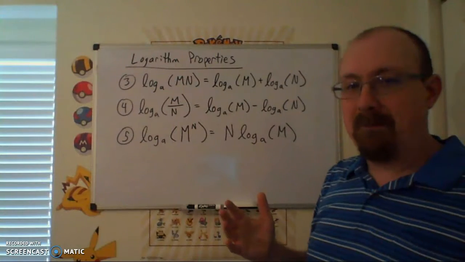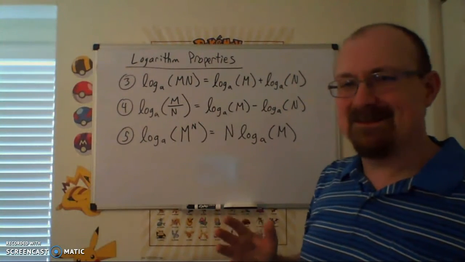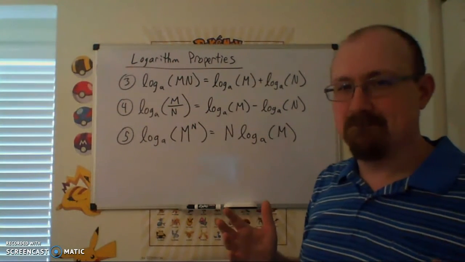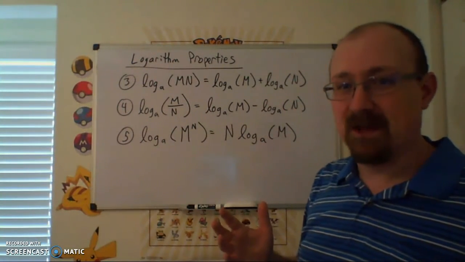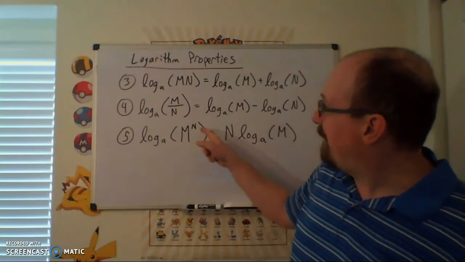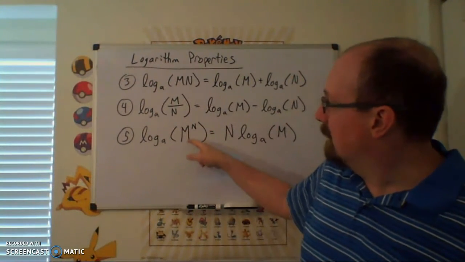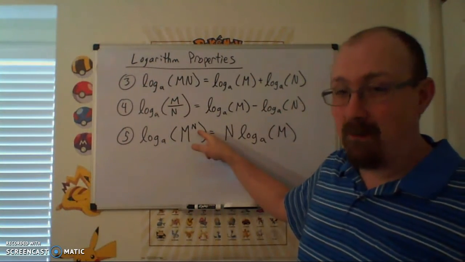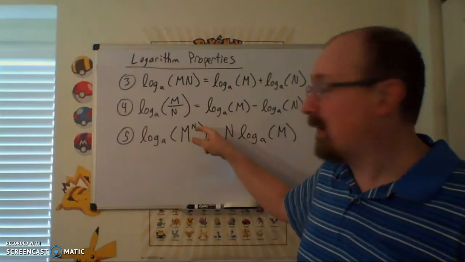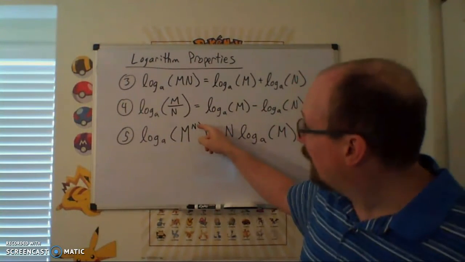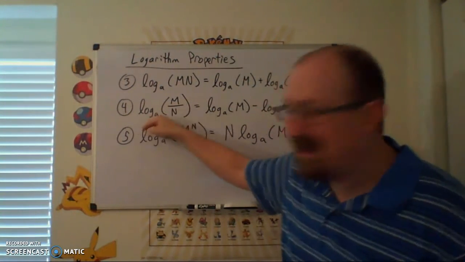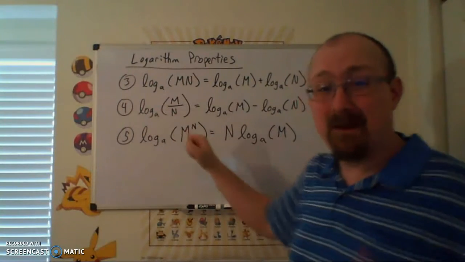So 2 properties down. The third, and in some instances I almost want to say that it's the most important one we're going to end up using going forward, is property 5 here: if we have m raised to the nth power, so we have an exponent inside a logarithm, as it turns out, we can take that exponent and it hops out front and becomes a coefficient.